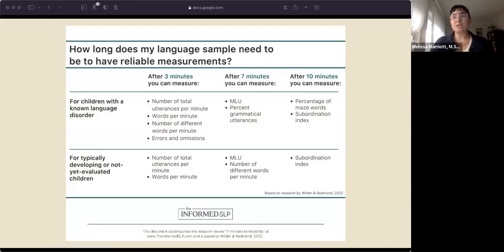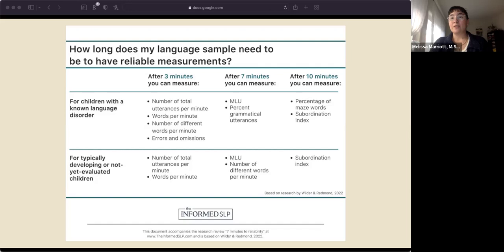So this is a new study. This just came out over the summer. And it actually shows that even very, very short language samples are very reliable for collecting certain data points.